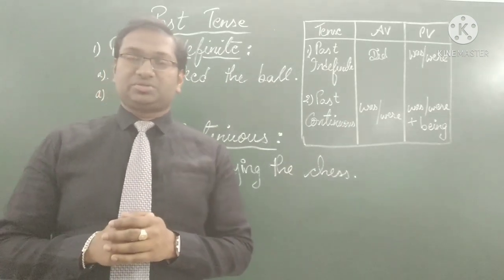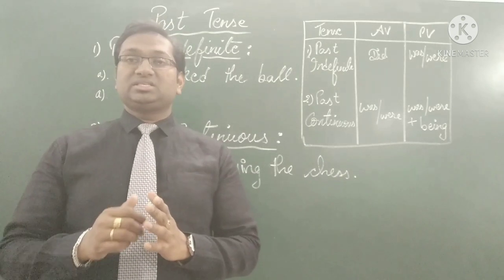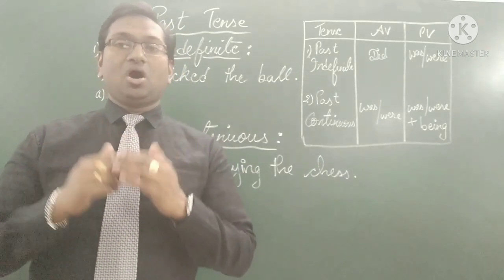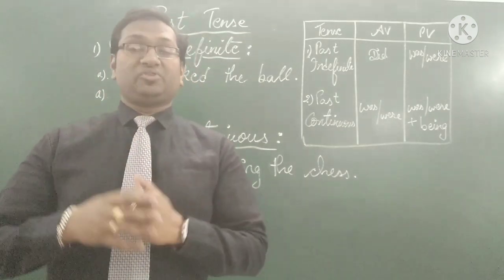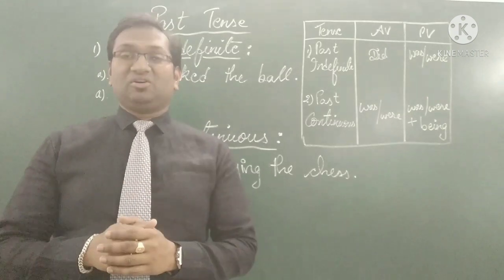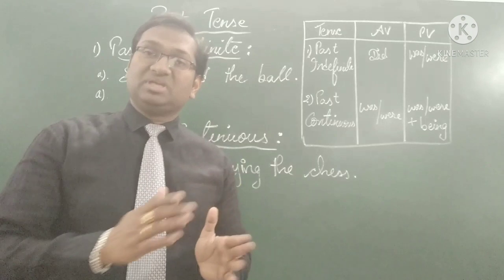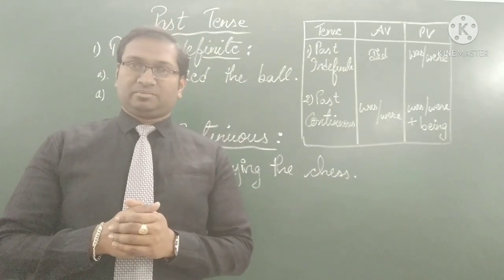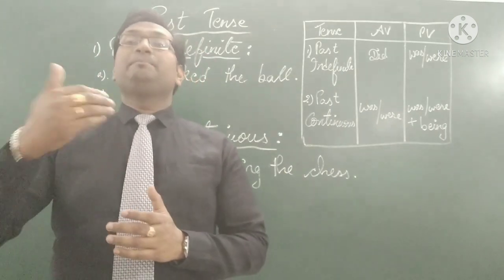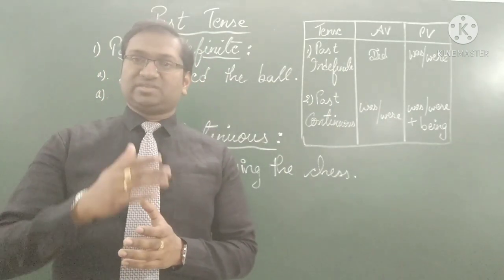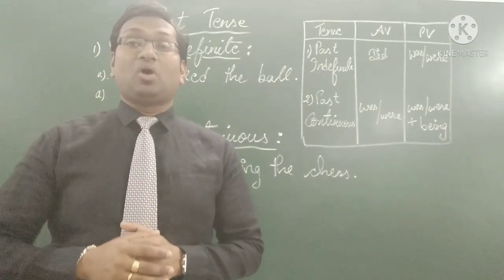The formula everybody knows. What's the formula of active voice? Subject plus main verb plus object. And while converting from active to passive voice, what's the formula of passive voice? The object of active voice will become the passive subject, plus the third form of the verb.